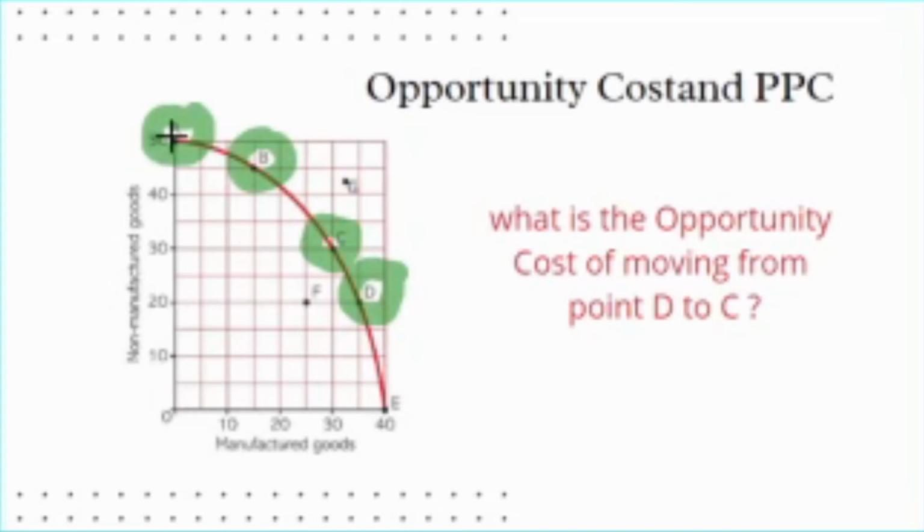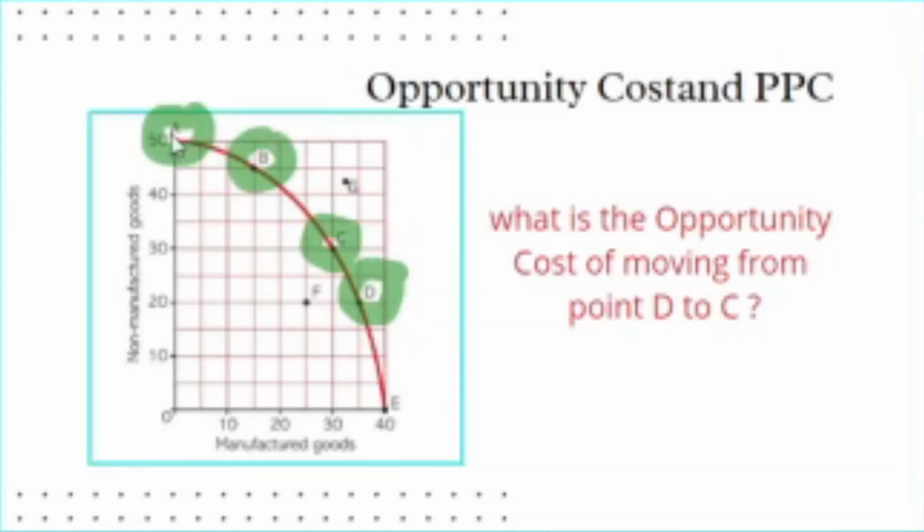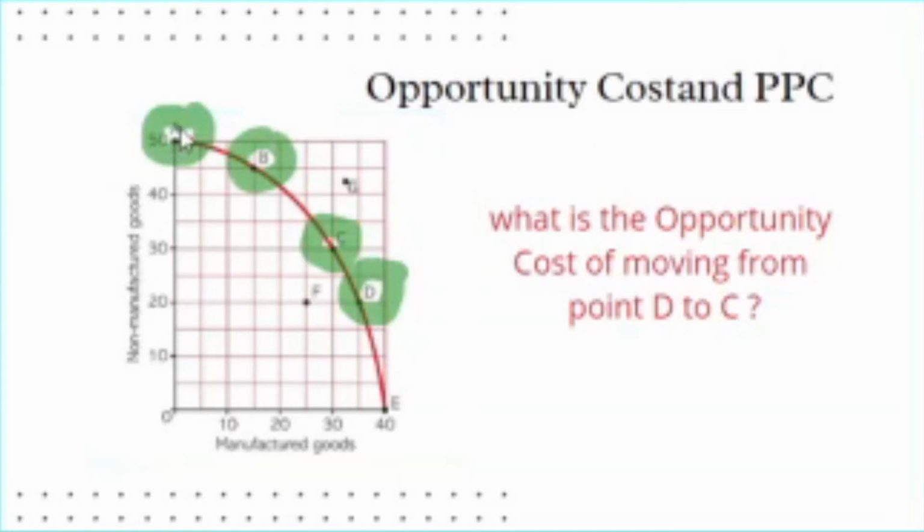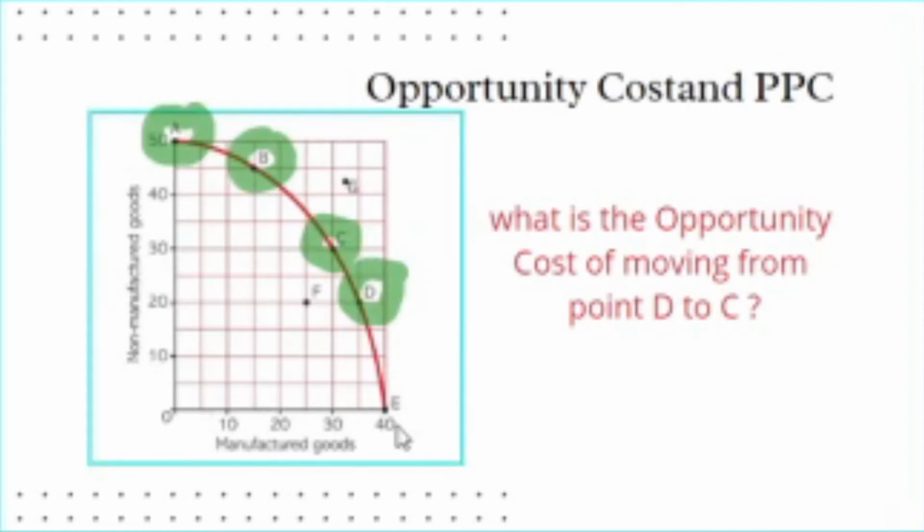Therefore, if you look at non-manufactured goods, they are producing a maximum of 50 units. If you move along your x-axis, you can see at point E, this economy is producing 40 units of manufactured goods, but we do not produce any non-manufactured goods.